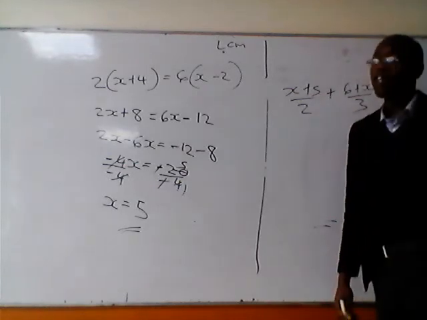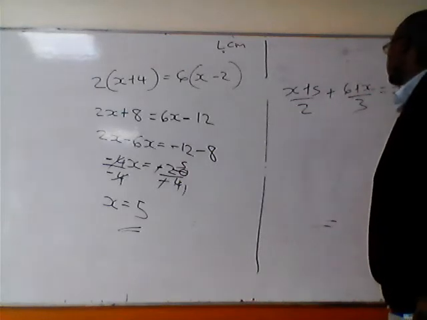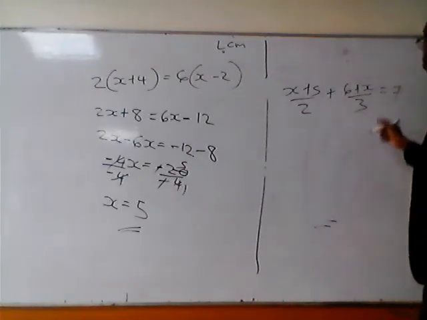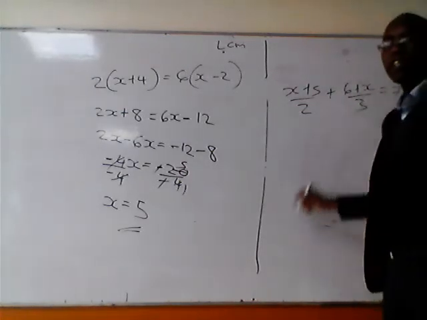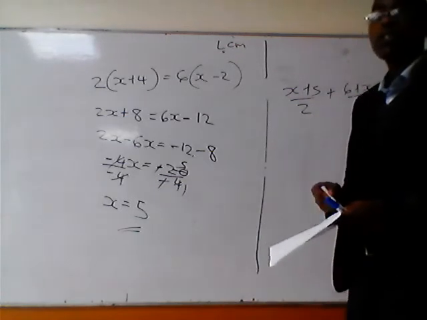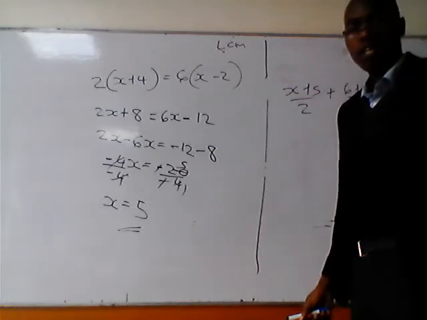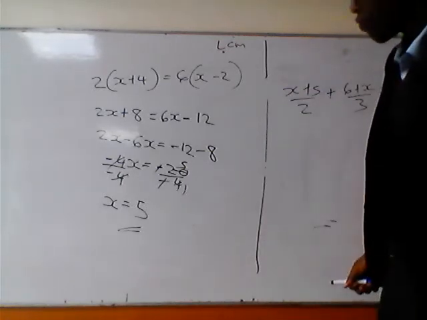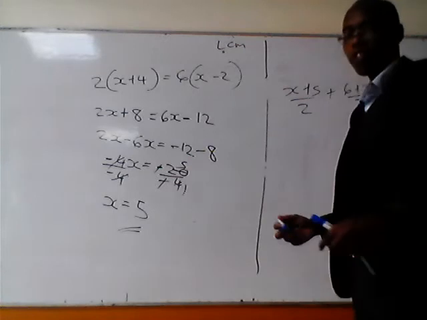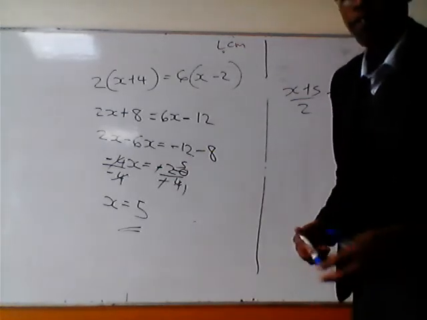So x plus 5 over 2 plus 6 plus x over 3 is equal to 7. I want you to pause the video a little bit and then you try to solve it. Then you will be able to see we have the answer.